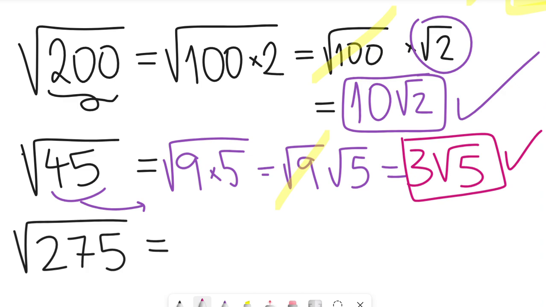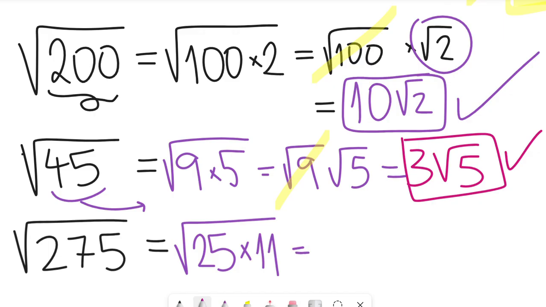Now 275. What is that? If we try, for example, 25 multiplied by 11. 25 multiplied by 10 is 250 and 25 more is 275, right? So 25 and 11. Great, let's split them.